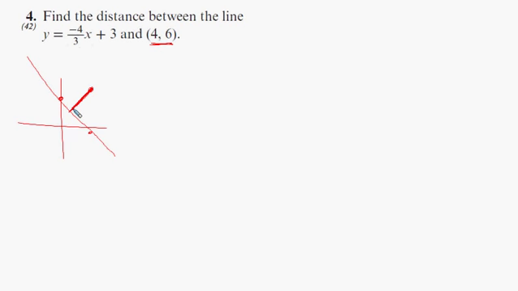So right now what I'm trying to do, let me change that line to be yellow here, okay? So right now what I'm trying to do is to find the equation of this line right here that contains the point (4, 6). I know that the slope of the line is the negative reciprocal of the slope of the given line because it's perpendicular.